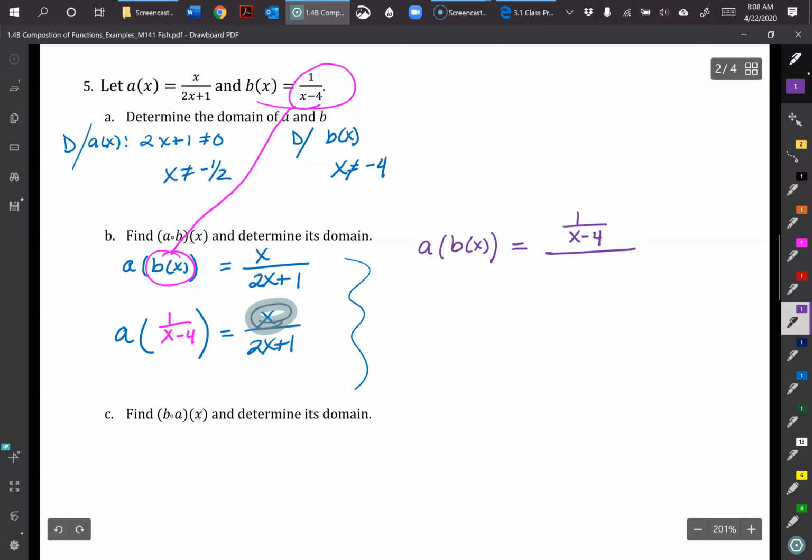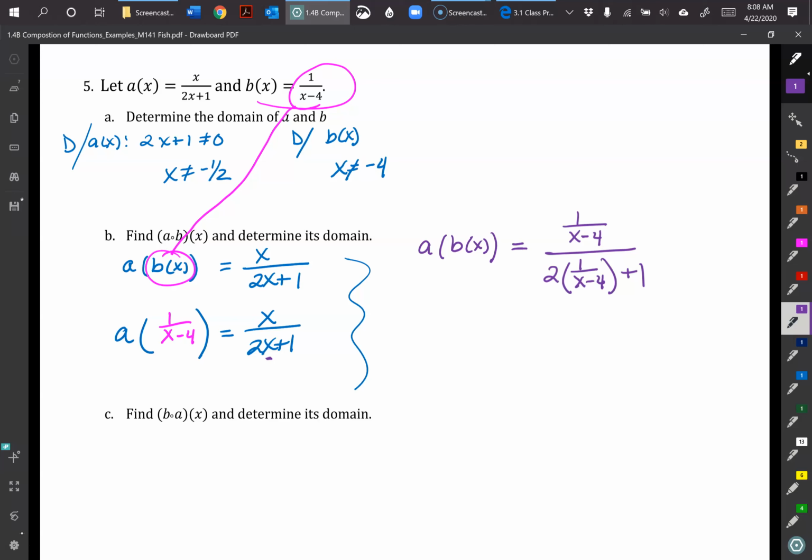Then I want to have 2 times 1 over x minus 4. So I'm plugging in for this x right there, plus 1. So now I've made my composite. However, it's a complex fraction and we need to simplify this.